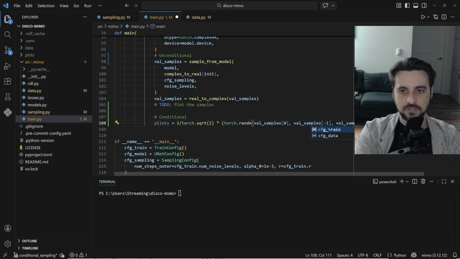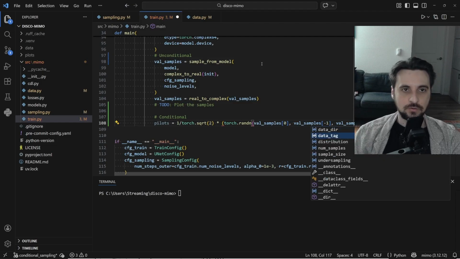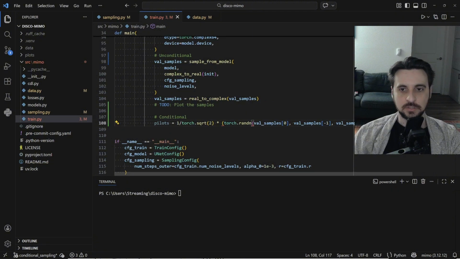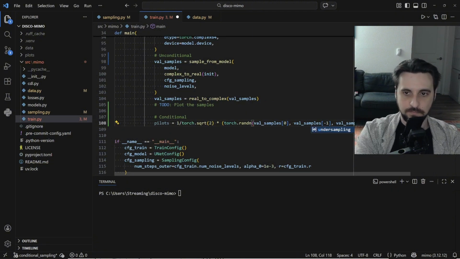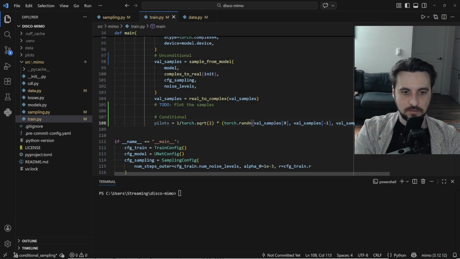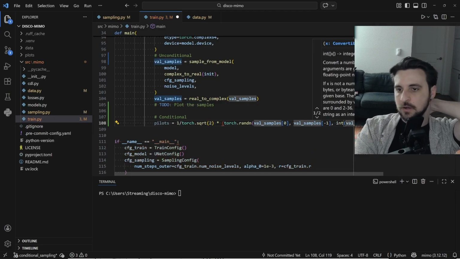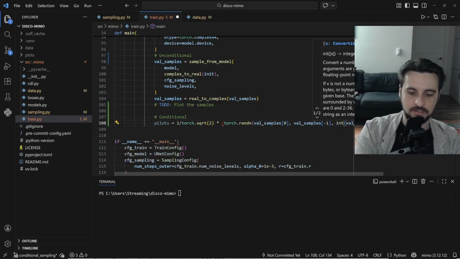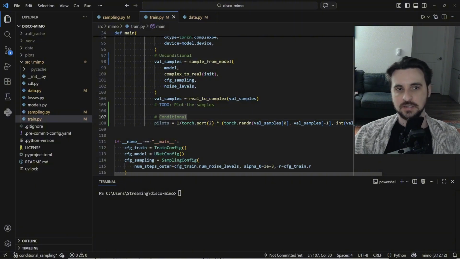So CFG data dot, what do we call this? Undersampling. Except I also need to do an int here. Because I don't know if it rounds. I don't think it works there. What if the dimension is odd sized? Because I need integers.